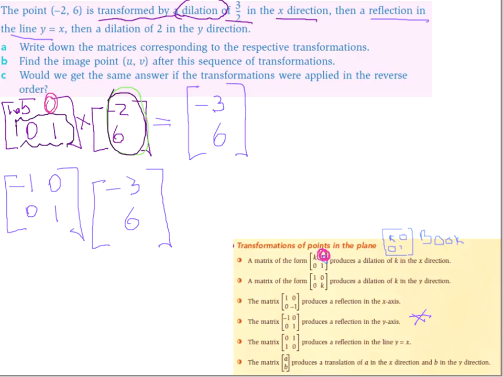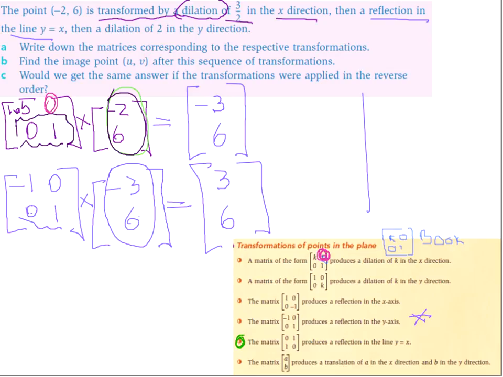Okay, it's good. And so that would be 0 times negative 3 plus 1 times 6, taking the first row times the column. And the second line: 1 times negative 3 is negative 3, and 0 times 6 is 0.